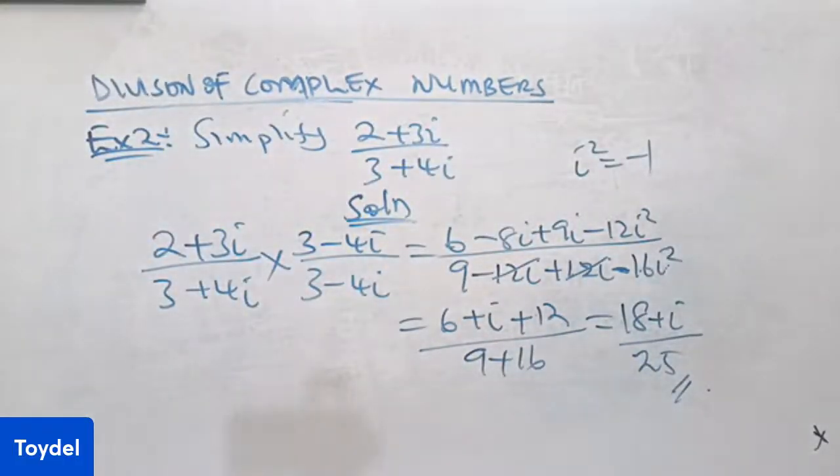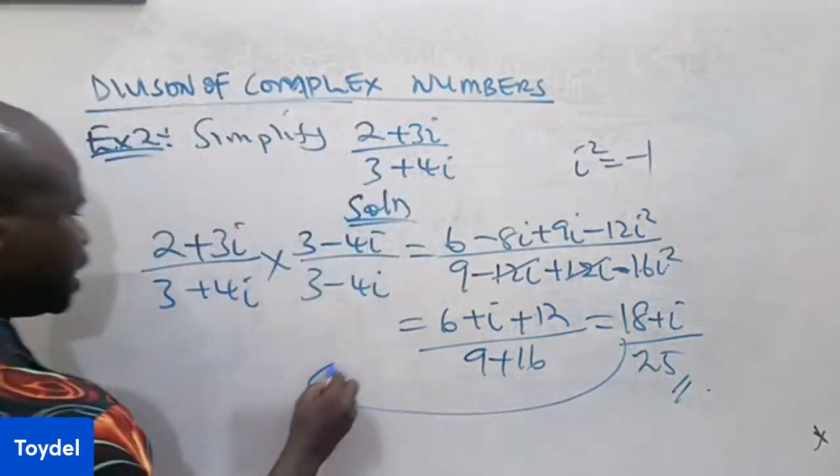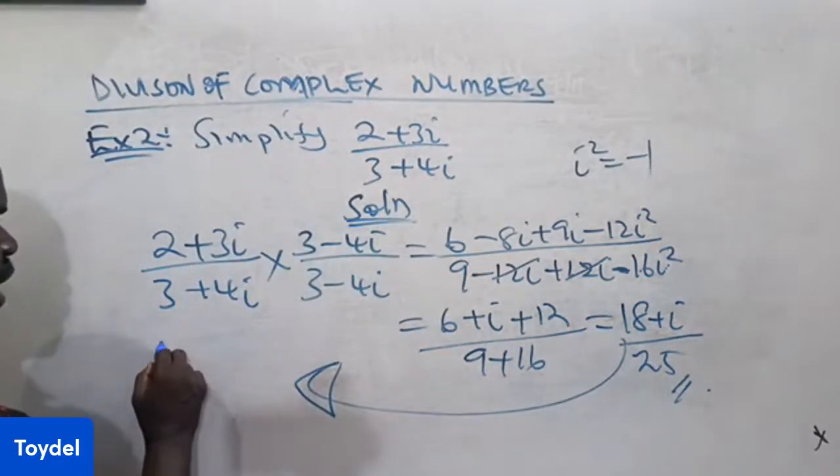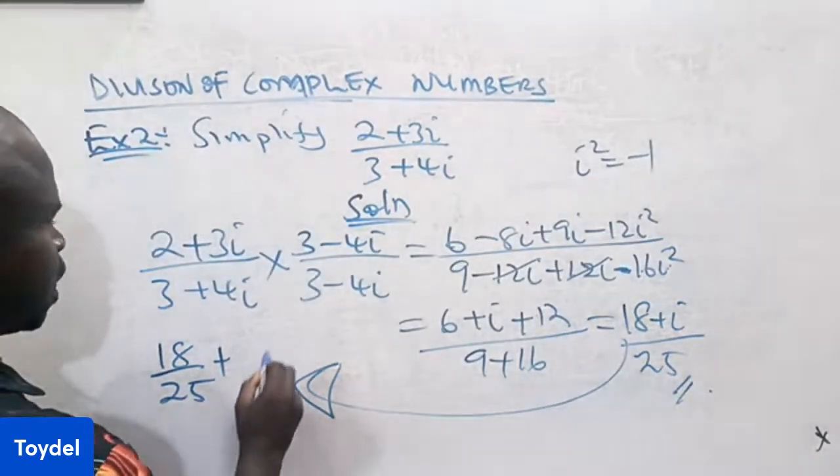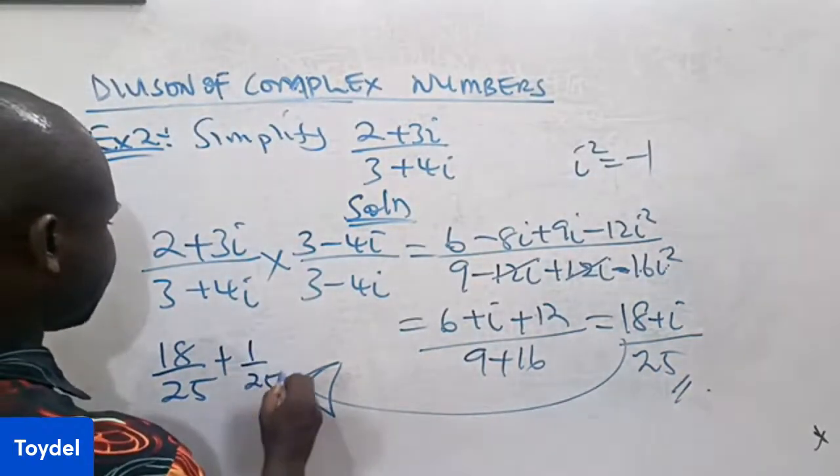So the final answer will be 18 plus i all over 25. And if you like, you can leave your answer like that, or you decide to split it as 18 all over 25 plus 1 all over 25i.